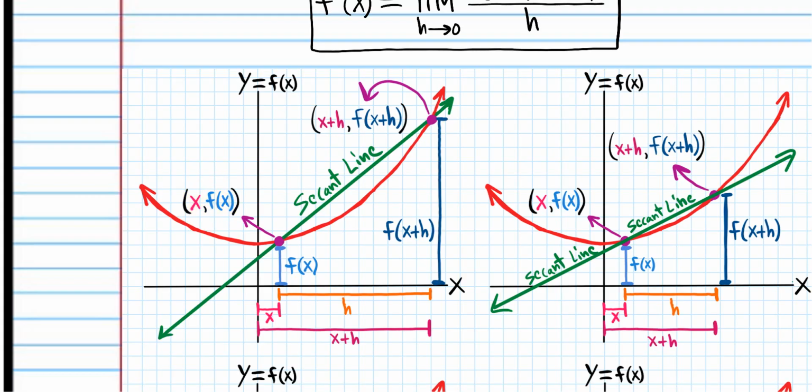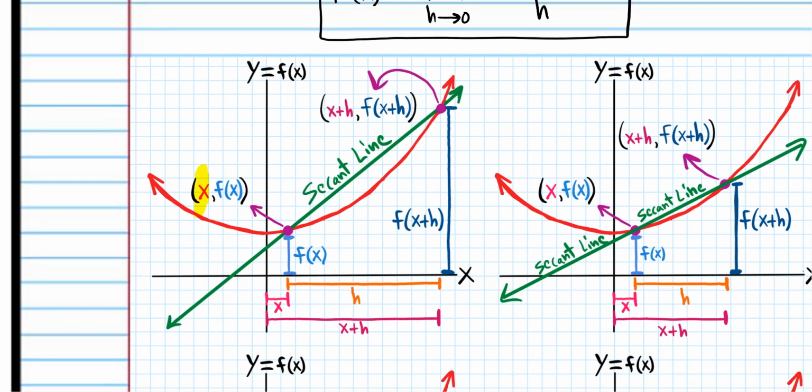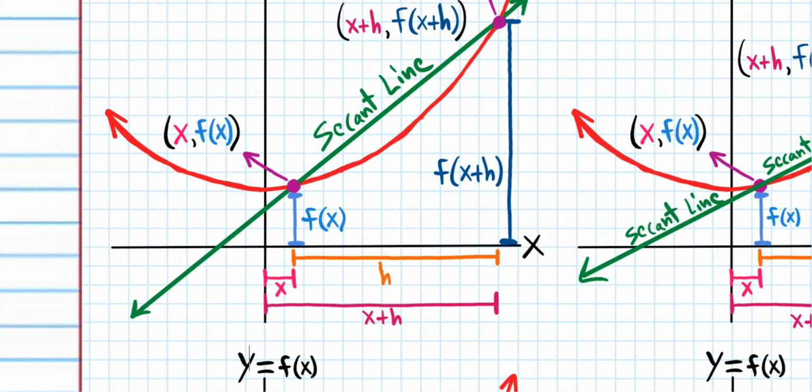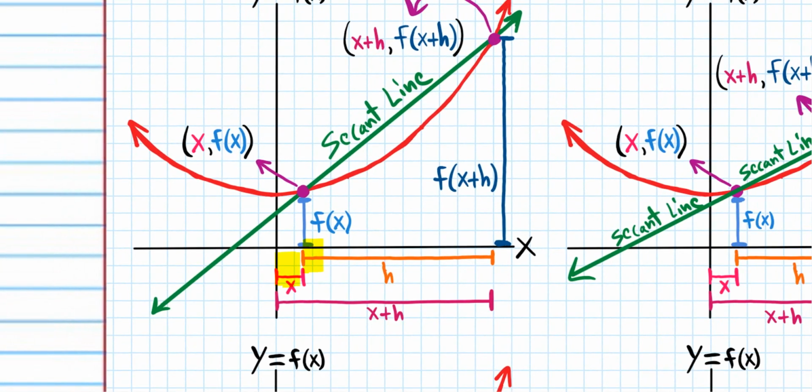Now, as we mentioned towards the beginning of the course, function notation is really confusing for students who are taking their first calculus course. But this is just the notation that is used, so we have to get used to it. Now, this x value is the distance that you see here. And if we add h to that x value, then that gives us this x value, x plus h.